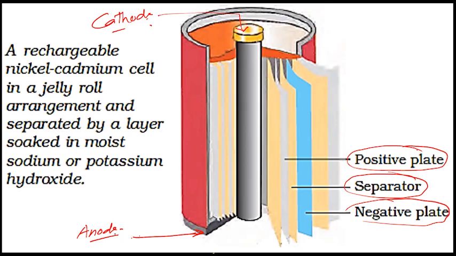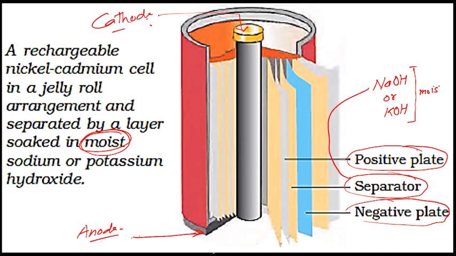This separator layer is made of sodium or potassium hydroxide, NaOH or KOH in solid form, just moist. It is solid but moist. Separator.